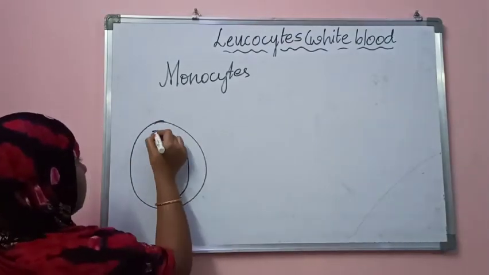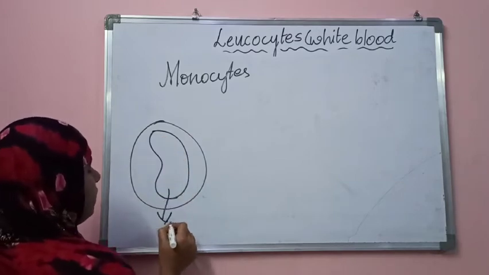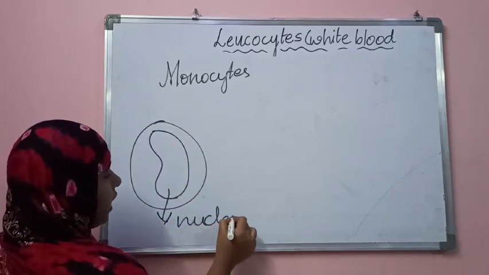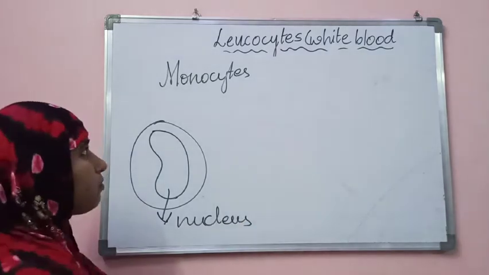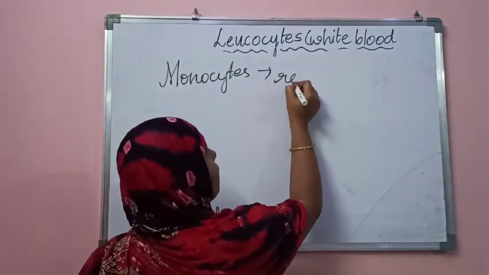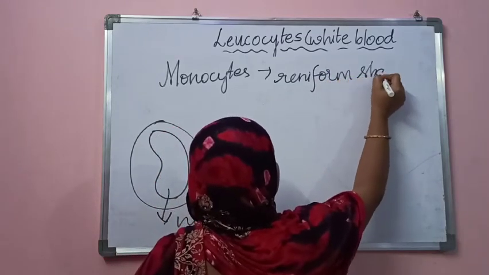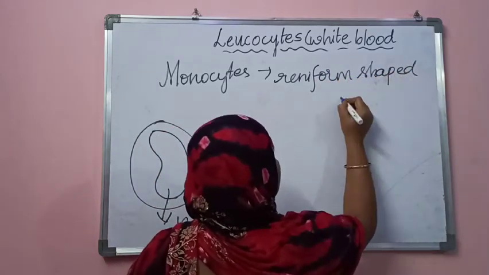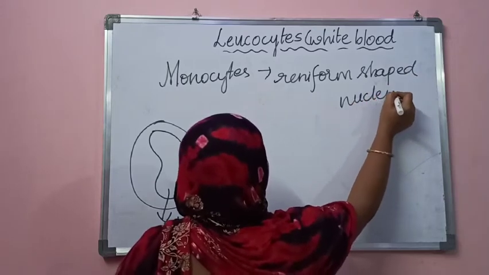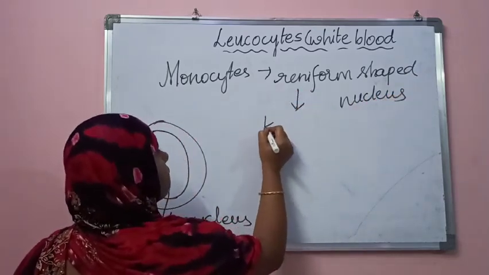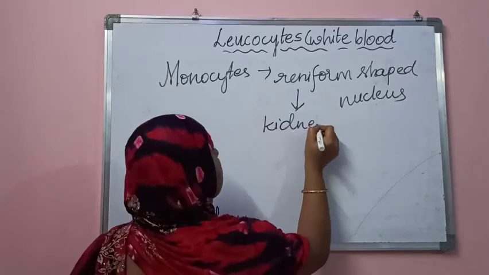Here the nucleus is reniform shaped. What is the meaning of reniform? It means kidney shaped nucleus. The nucleus will be in the shape of a kidney.